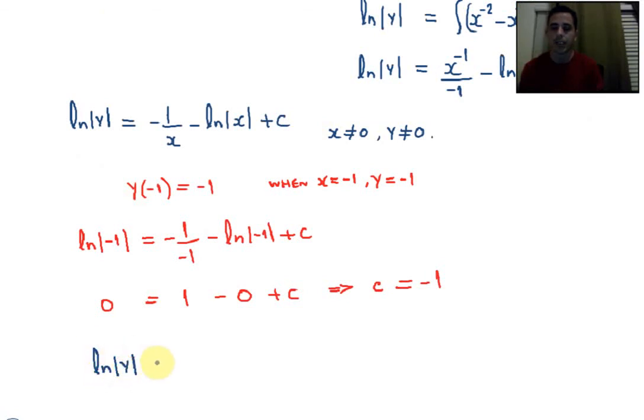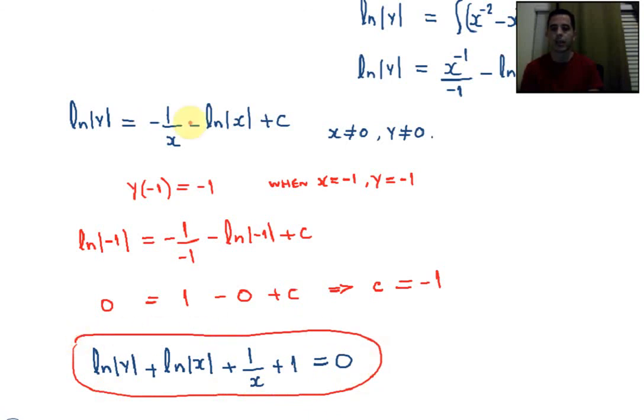Natural log of the absolute value of y. Let's go ahead and move everything to the other side here. Plus natural log of x plus 1 over x plus 1 equals 0. Okay? So that's the solution of the ODE.